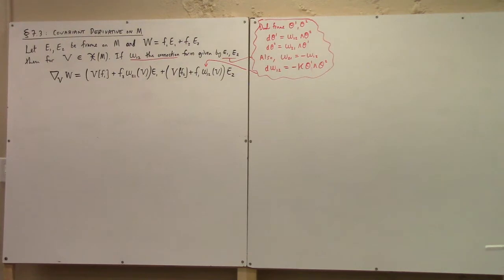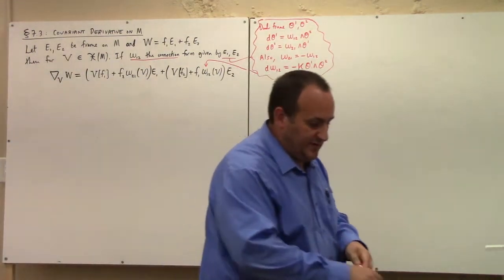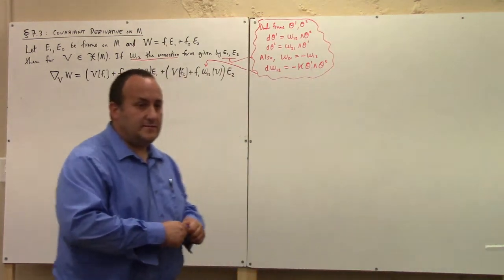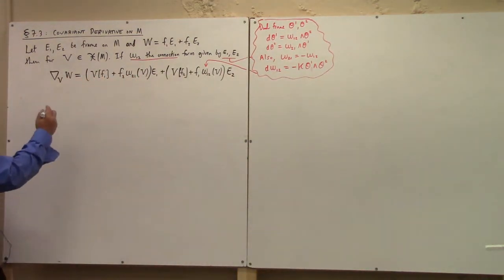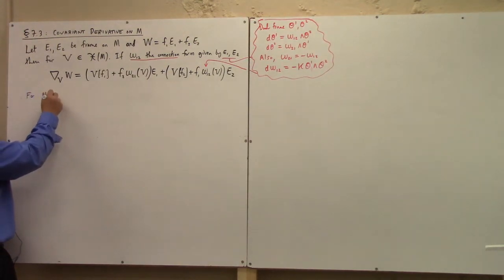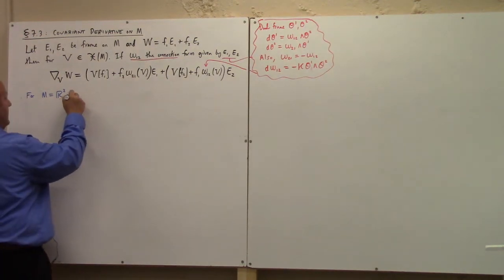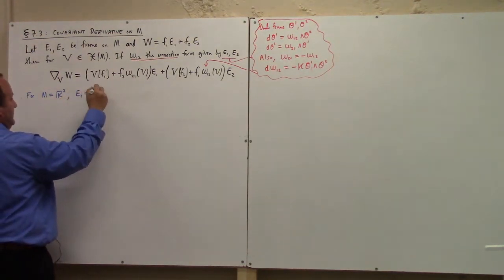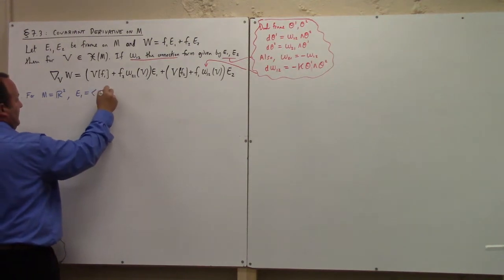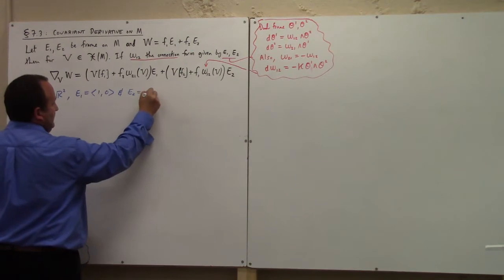Okay, so quick note. What would happen if we look at the simplest surface to think about, which is just the plane? What does this formula look like for the Euclidean plane? For M equal to R2, we have E1 equal to just a constant vector field, and E2 is this constant vector field.